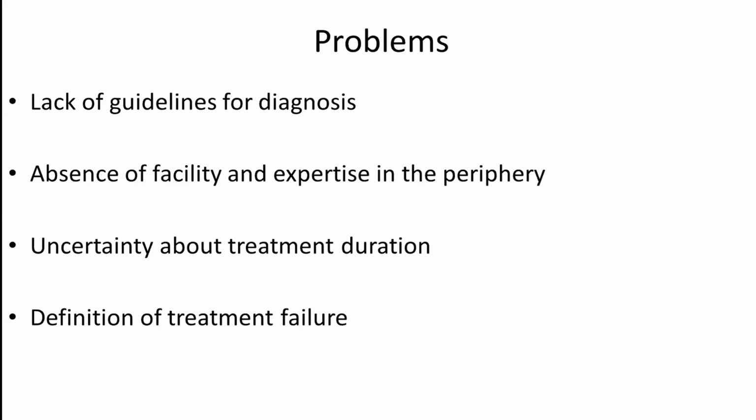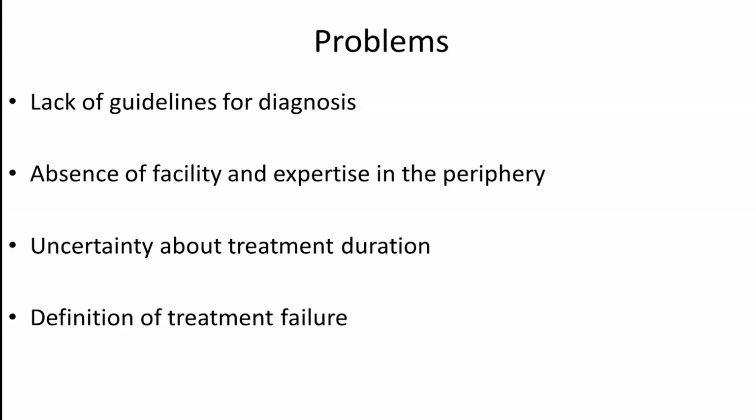So all primary care physicians should be aware of the symptoms and signs in abdominal tuberculosis, so that they can be referred to a specialist as early as possible, because diagnosis of GI tuberculosis is not possible in the periphery. There is also uncertainty about treatment duration, because in abdominal tuberculosis, more than 80% of cases are diagnosed based on clinical features, imaging features, and probably histopathology.